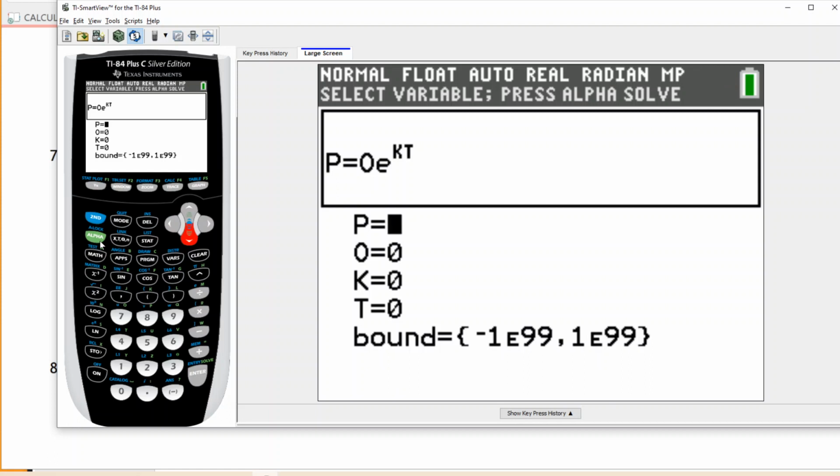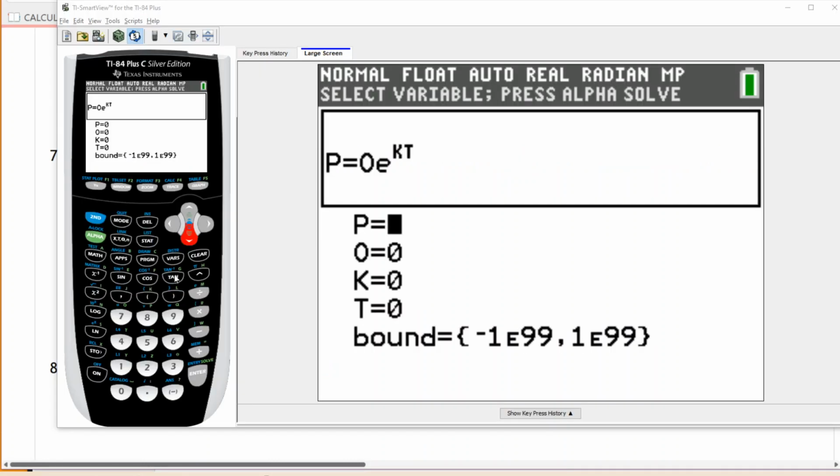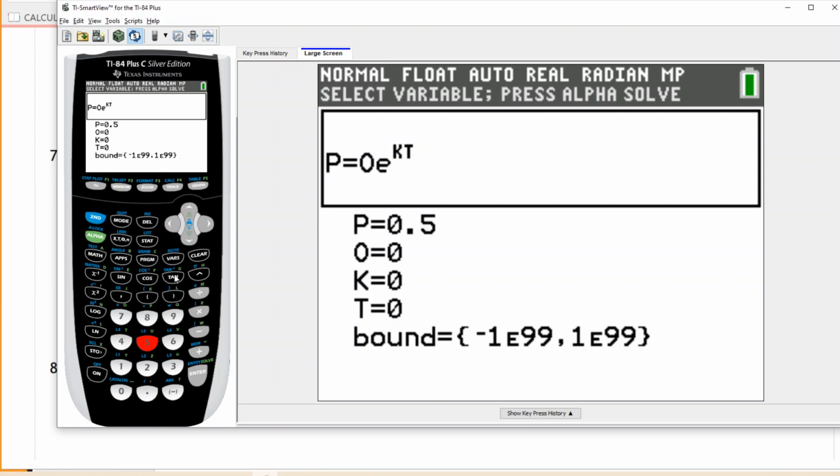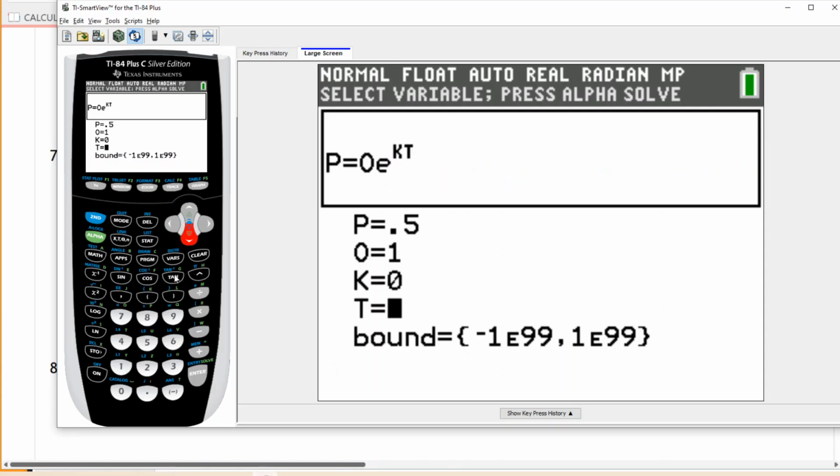Now, if we're solving this, the P on the right side is going to be equal to 0.5, so let's put 0.5 here. O, in this case, is going to be 1 since it doesn't appear in our equation. And T is going to be 50.